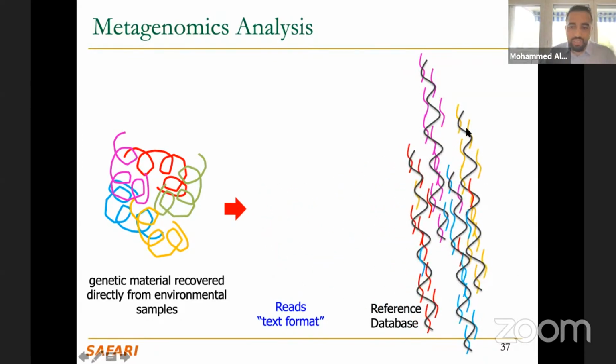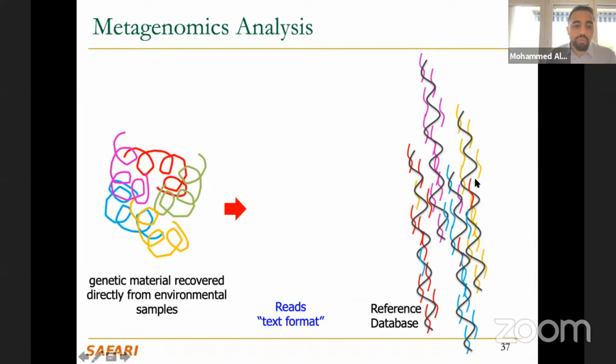Remember, even if all these reads, the yellow pieces, map to this genome over there, some of the reads, for example the red piece over there, may map to the wrong reference genome. Why is that? Because we are still comparing short subsequences to the entire reference genome.